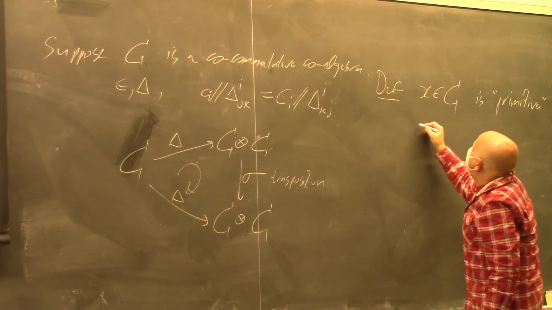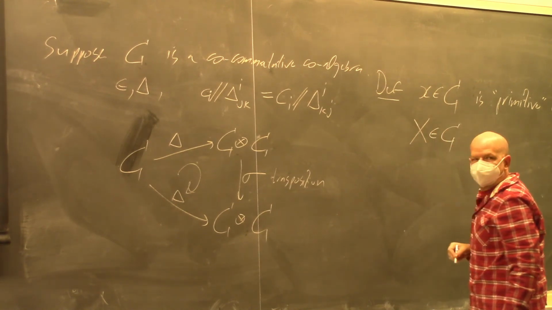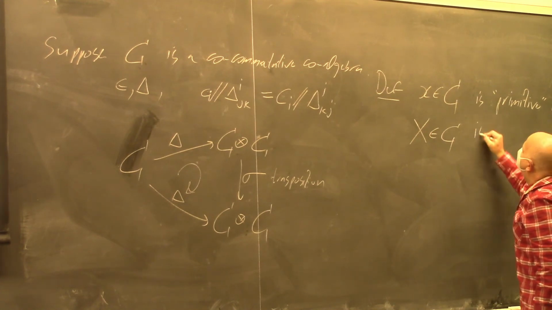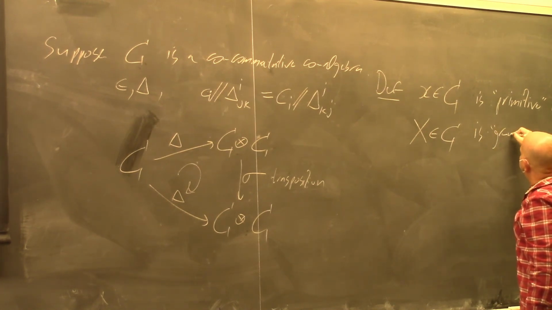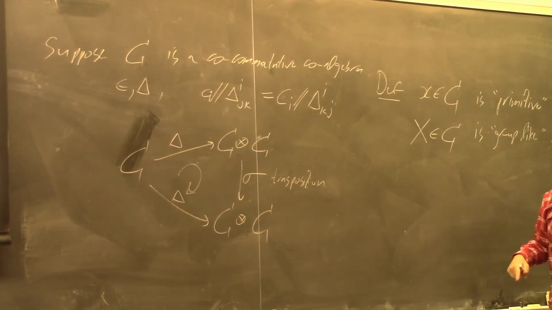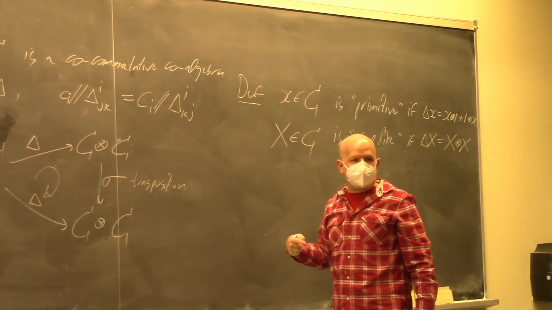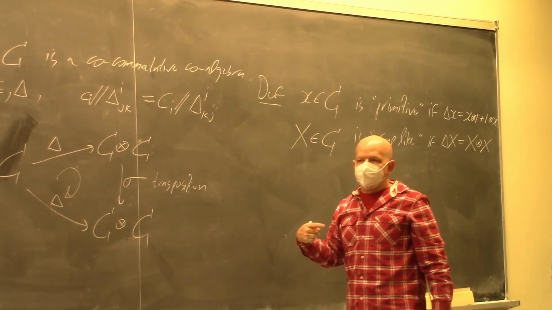And an element X inside C is called group-like if the coproduct of X is equal to X tensor X. Okay? And my goal is to study primitive and group-like elements.